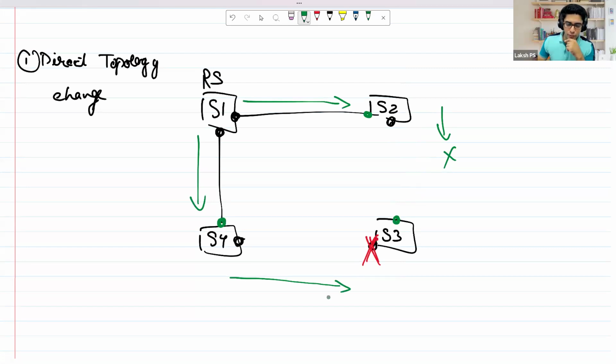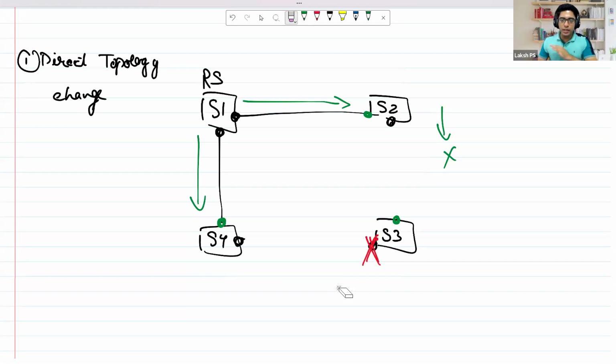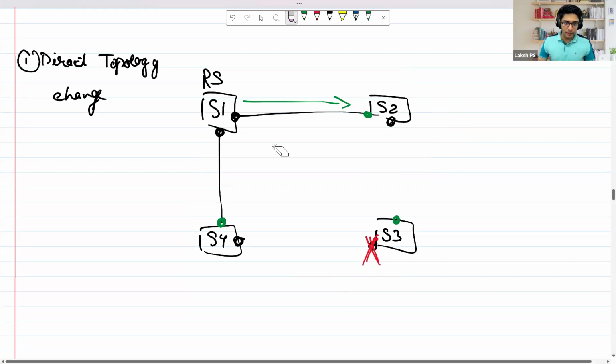Switch 4 is forwarding to switch 3. However, because of a blocked port, it cannot accept the BPDU. Now, if you see in this scenario, switch 3 is completely isolated. If switch 1 or any switch is forwarding data to switch 3, it cannot receive it. It is completely isolated.